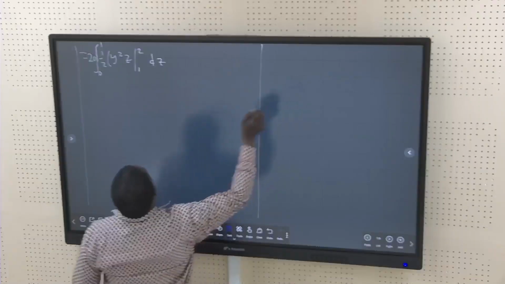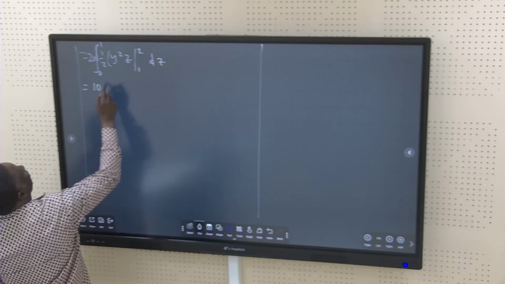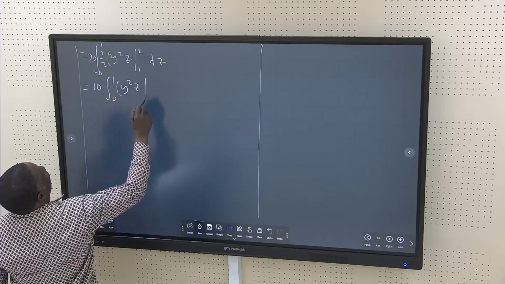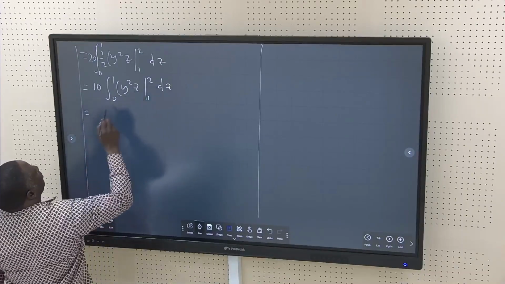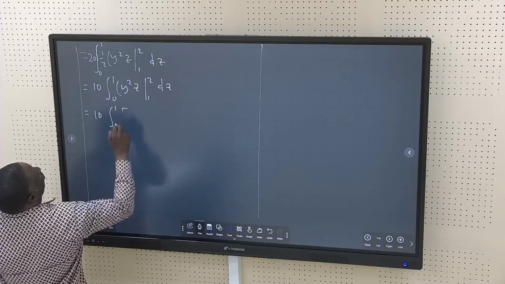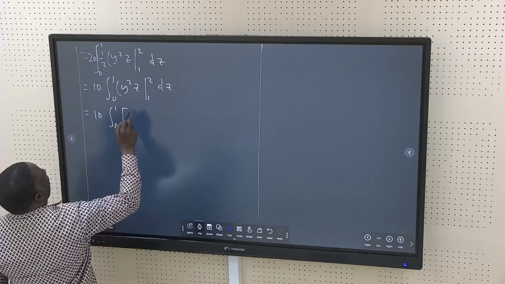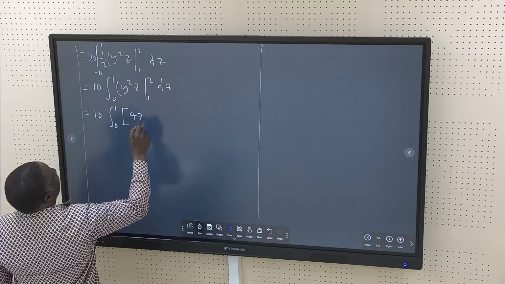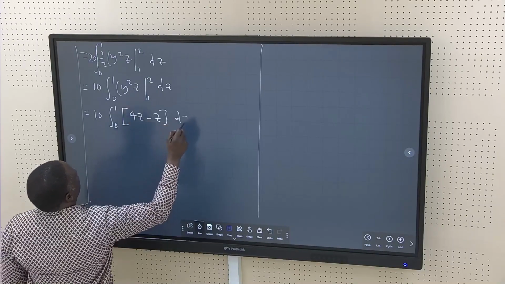Taking a half outside, we have 10, 0 to 1, y square z from 1 to 2 with respect to z. So this is 10 from 0 to 1, now 4z minus z, substituting 2 square is 4z, minus 1 times z, with respect to z.